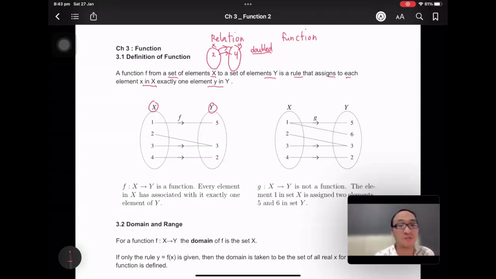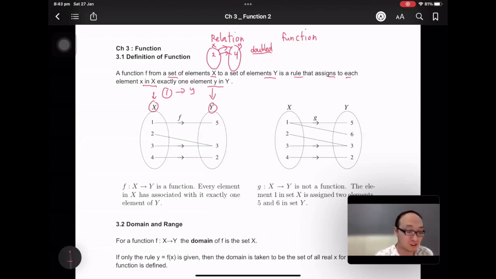So from the definition, function needs one value of x should have one value of y. So it should be one pair between x and y. So one x only has one pair in y.